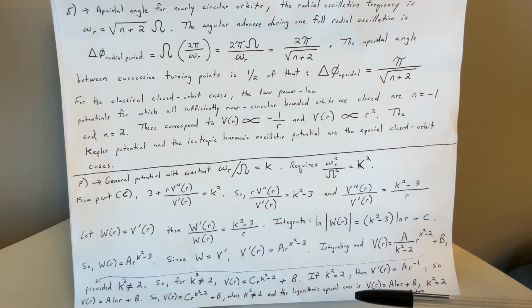And the logarithmic special case is V of r equals A ln r plus B, where k squared does equal 2.